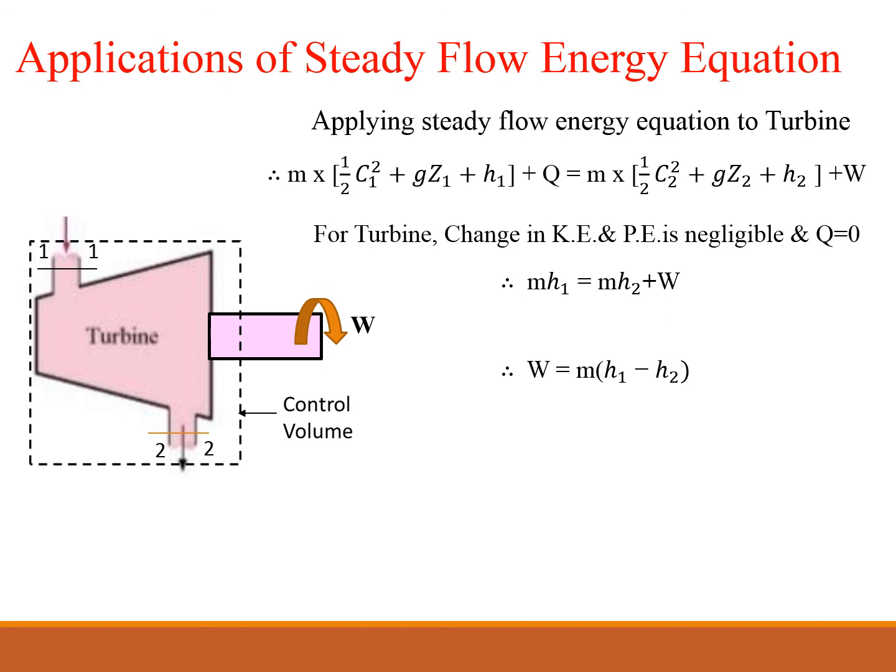Small h1 and small h2 are specific enthalpies, and when we multiply by mass it becomes total enthalpy, capital H. So we get W is equal to capital H1 minus capital H2. Thus the enthalpy drop is converted into useful work.